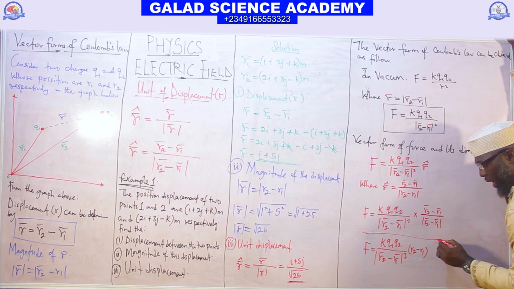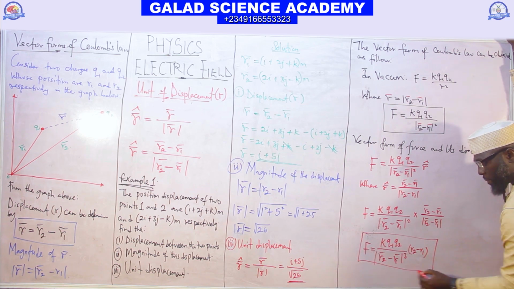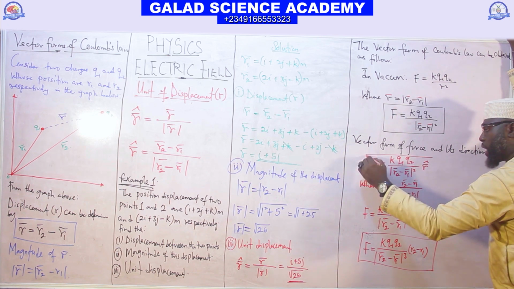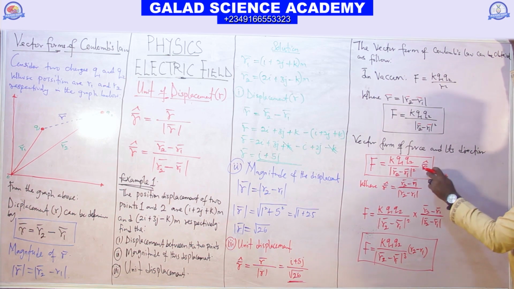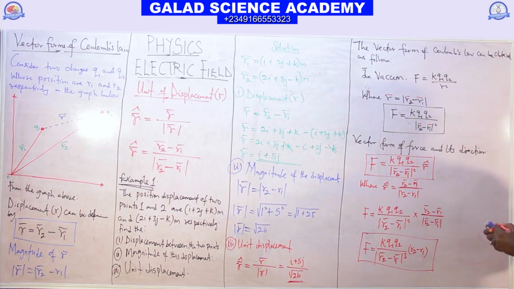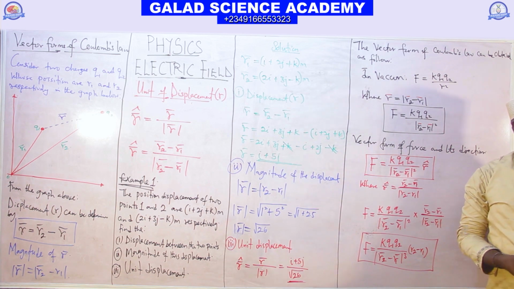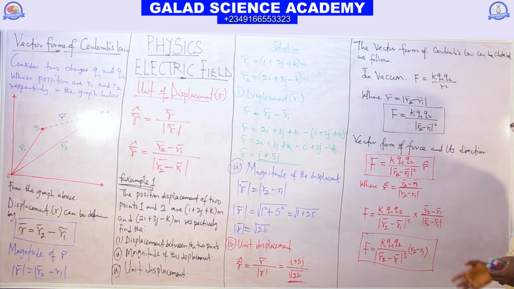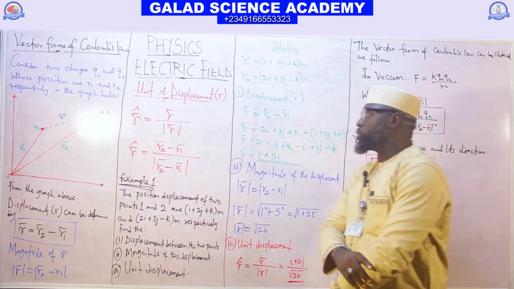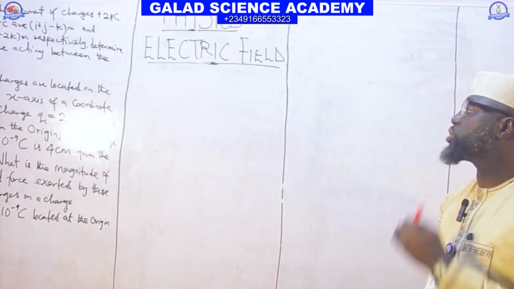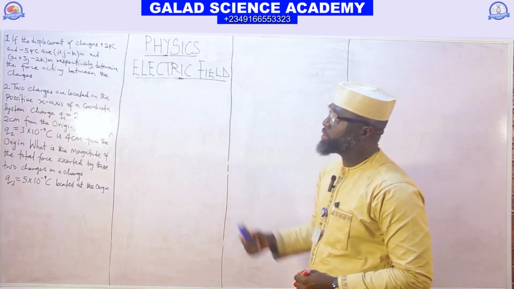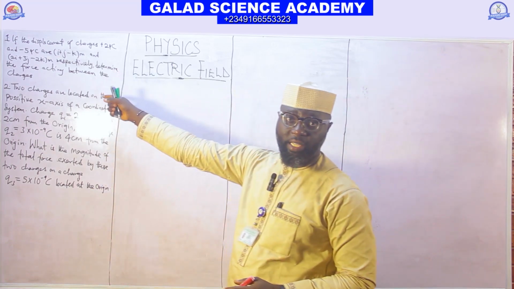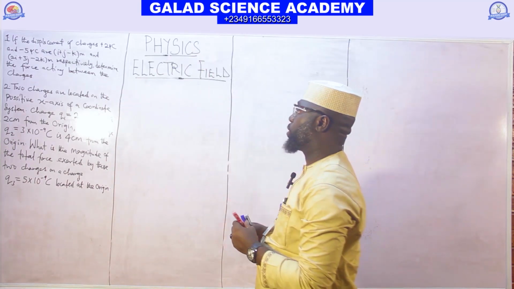So this is the formula for the force and the direction, or you can use this formula where this is the displacement. So let us look at how we can use the vector form of Coulomb's law to solve problems. Let's solve these two questions by applying the vector form of Coulomb's law.